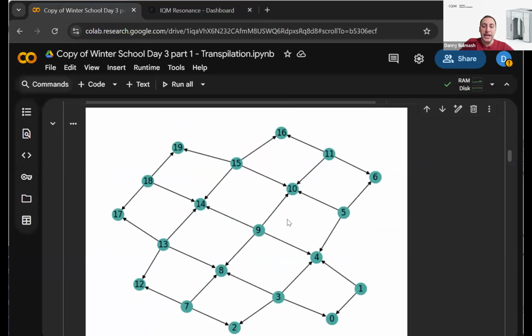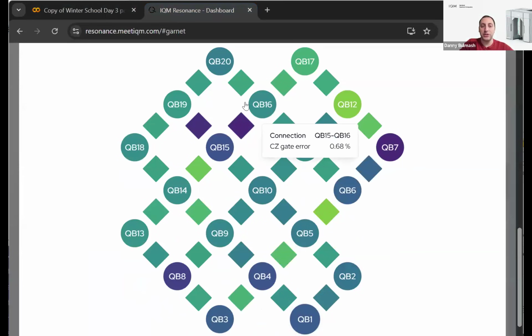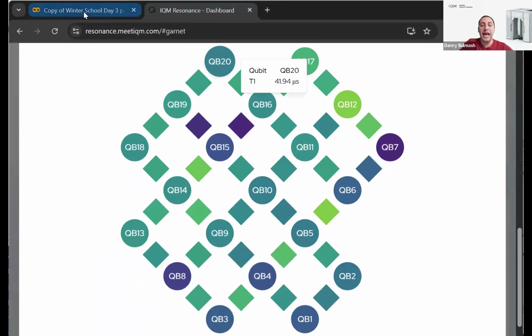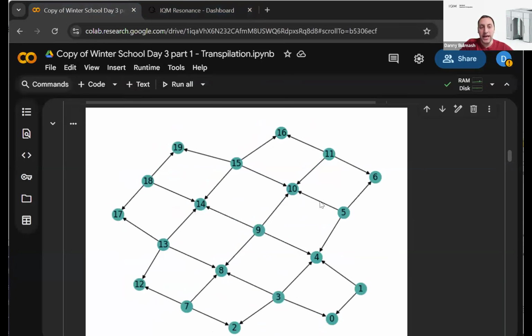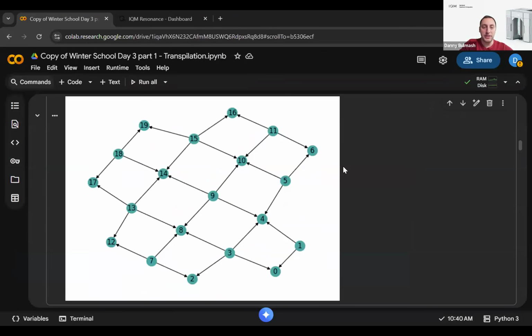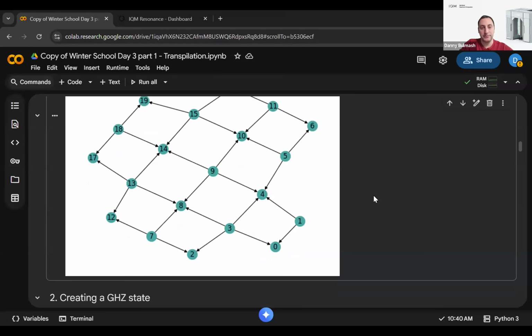So the labeling in the software is from 0 to 19, and the labeling on Resonance is from 1 to 20. That's something we're going to have to be careful of as we run our quantum circuits. So make sure you're aware that the way Resonance labels its qubits is a little different than the way the software labels its qubits.